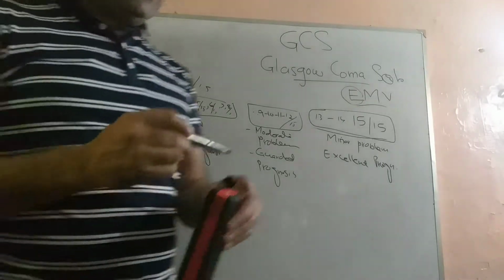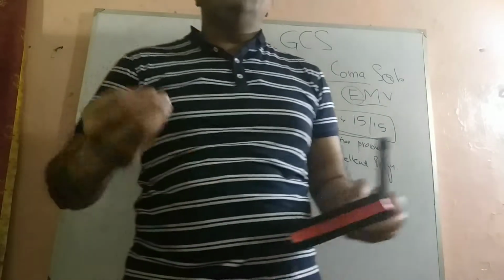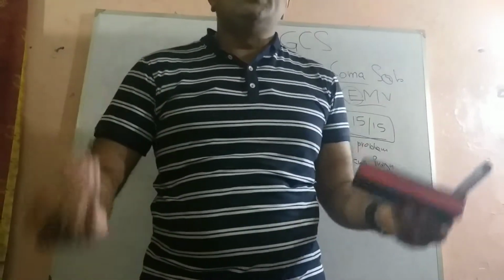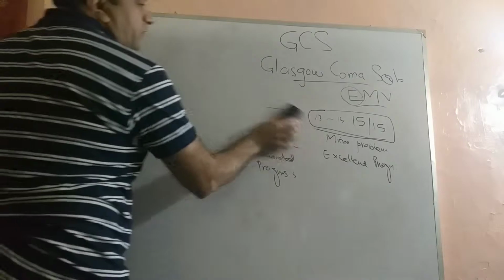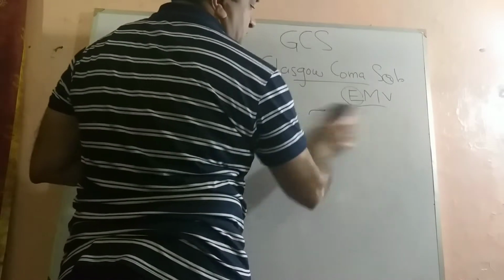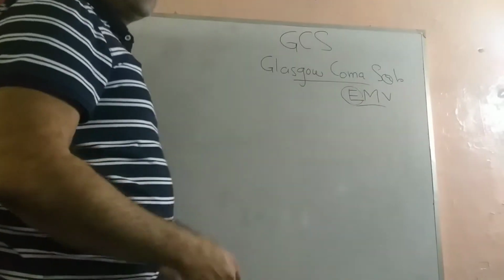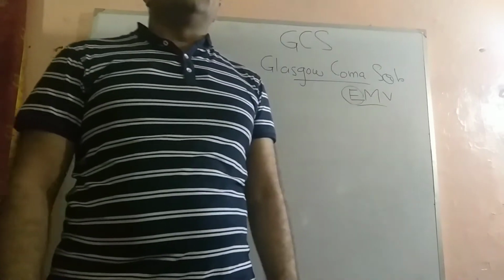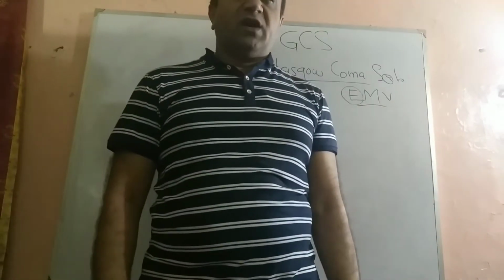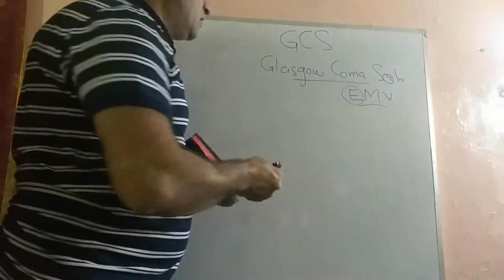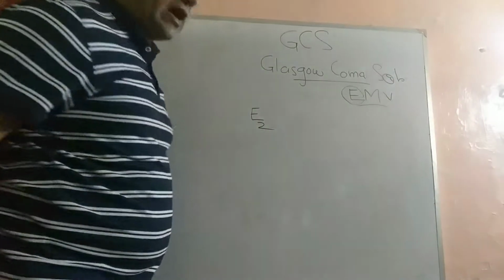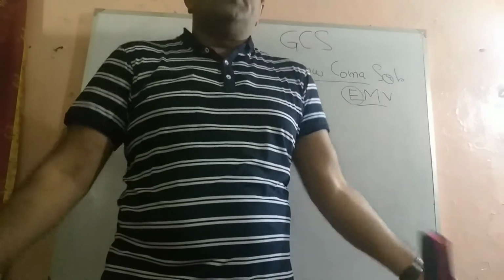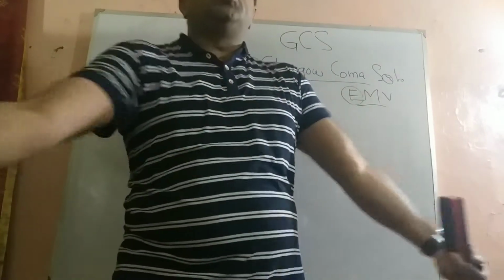And always try to write down GCS in an educated way, EMV. Let me tell you how to write down GCS. For example, we receive a patient who's got eye opening on a painful stimulus. We will write down E2. Patient has got flexor withdrawal.